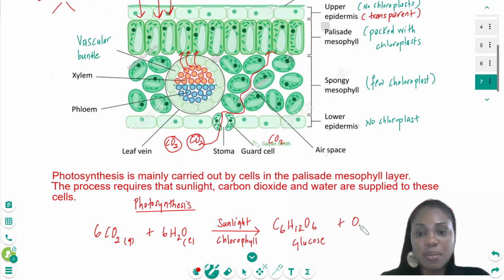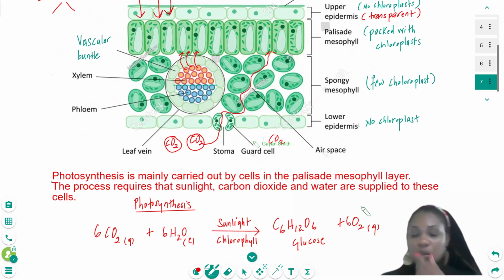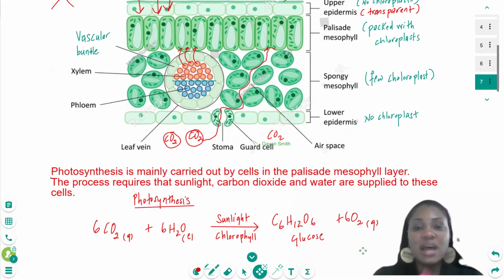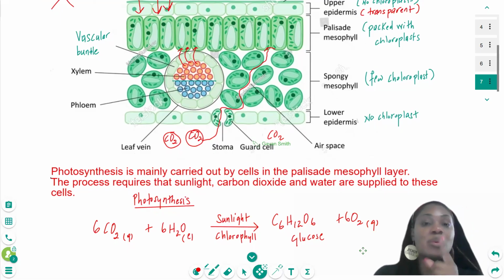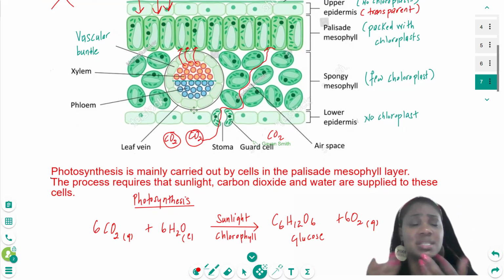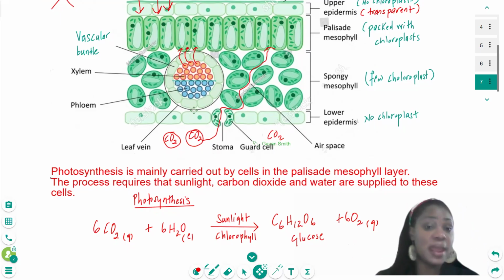And oxygen is a byproduct. So when I keep making reference to photosynthesis, this is what I'm talking about. The plants make glucose, and that glucose will go to the other vessels, the phloem vessels, and then be transported to all parts of the plant. Parts of the plant that cannot do photosynthesis, like the roots, are going to get the glucose that the leaves made. All right.